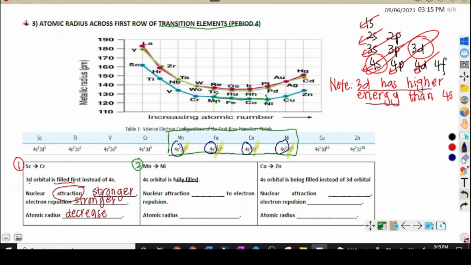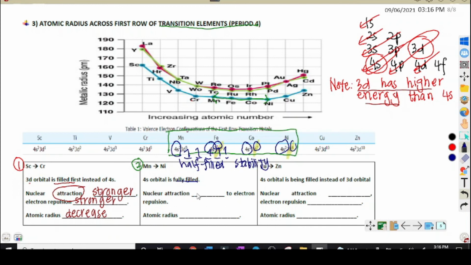For manganese, the 3d5, we're going to say that it has a half-filled stability, which means that the 3d orbital is going to be filled by an extra 1 electron, from 5, 6, 7, and 8 electrons.